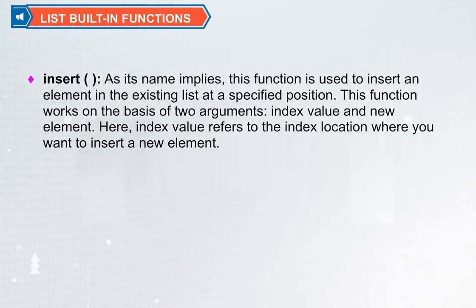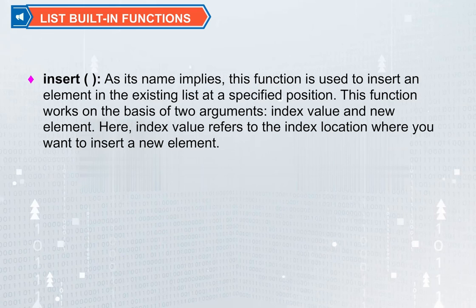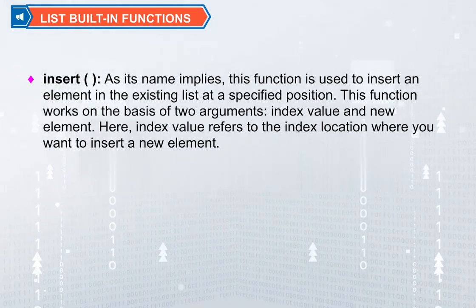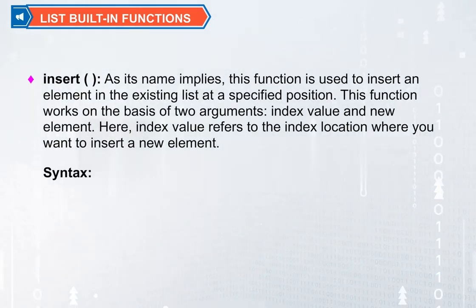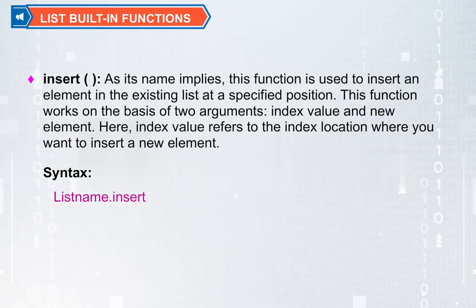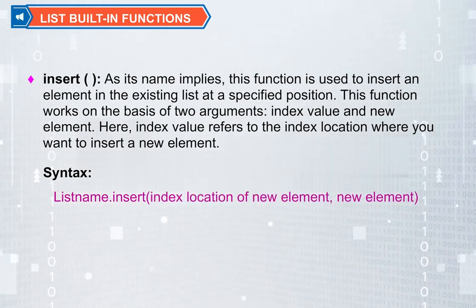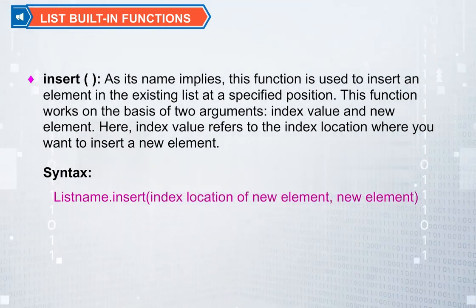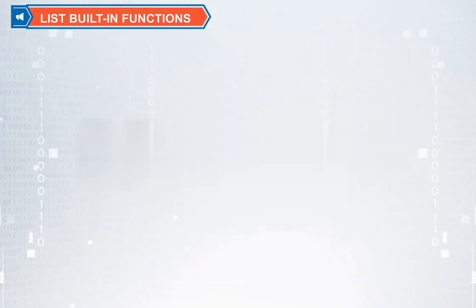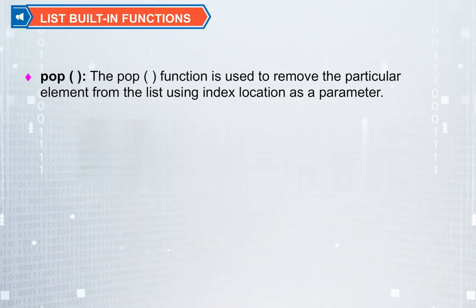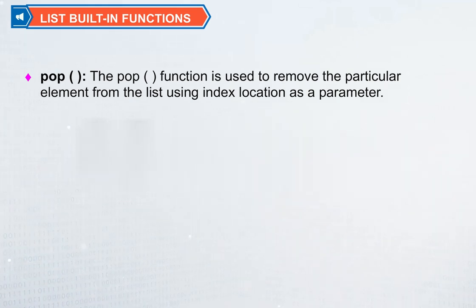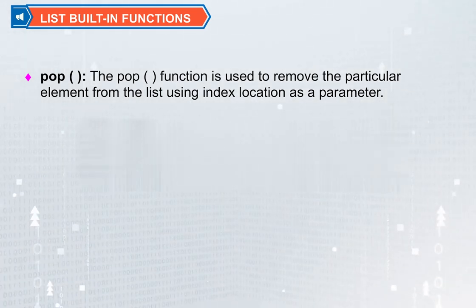Here, index value refers to the index location where you want to insert a new element. Syntax: list_name.insert(index location of new element, new element). Program. Output.